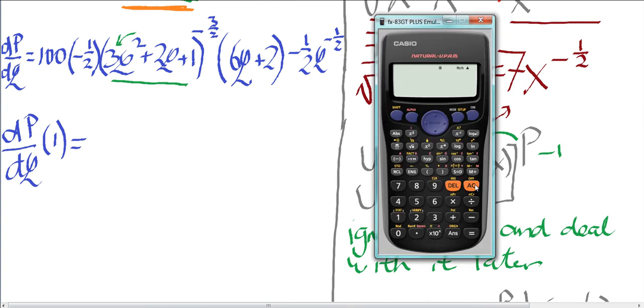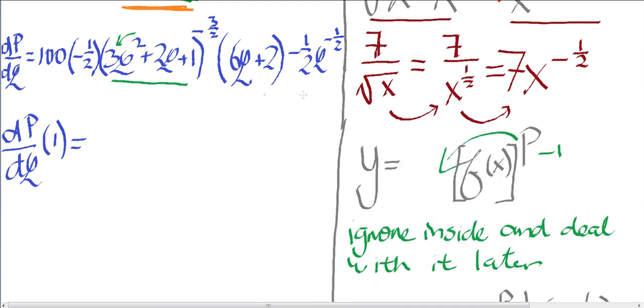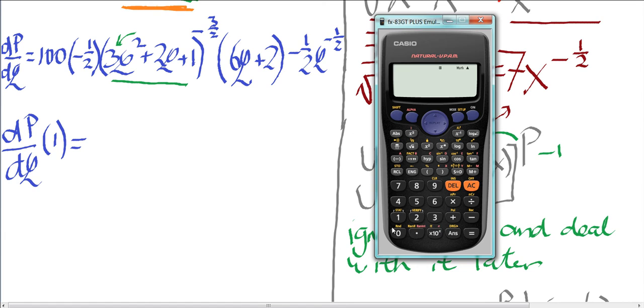I want to sub in 1 into that big expression, so use the answer button. 1 equals, and now 1 is our latest answer. Let's type everything in as we see it. 100 minus 1 over 2. Just type what you see, and it'll all work out, as long as you stay safe and use the brackets. 3 answer squared plus 2 answer plus 1, close the bracket, up to the power of minus 3 over 2.